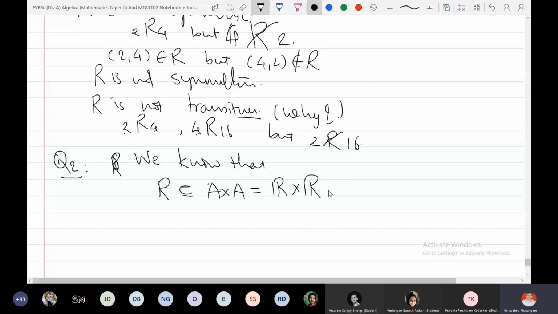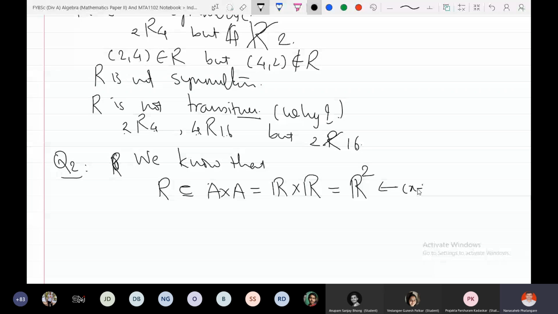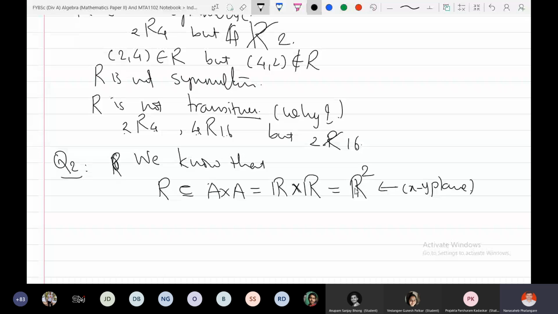R2, right? The XY plane. R2 is the XY plane. The first component is from this set of real numbers, and the second component is from this set. So R2.